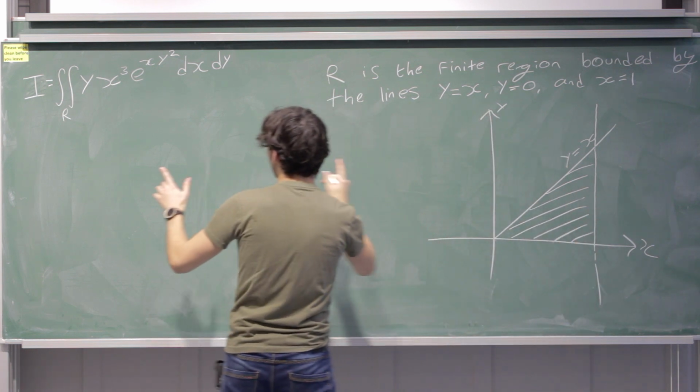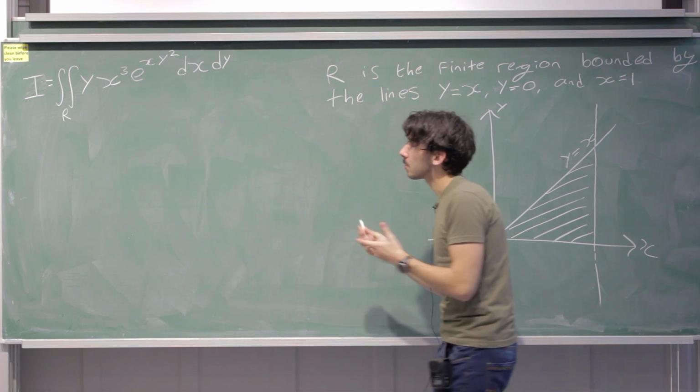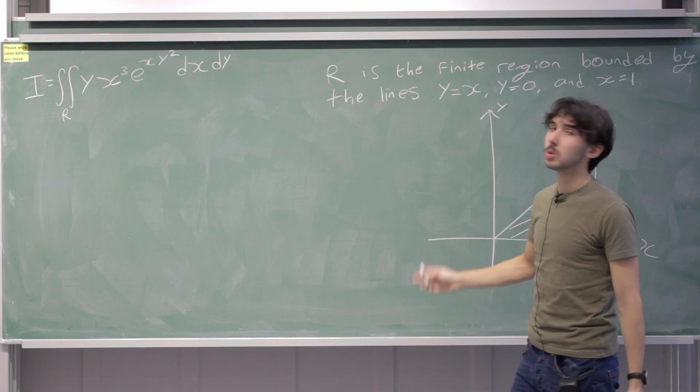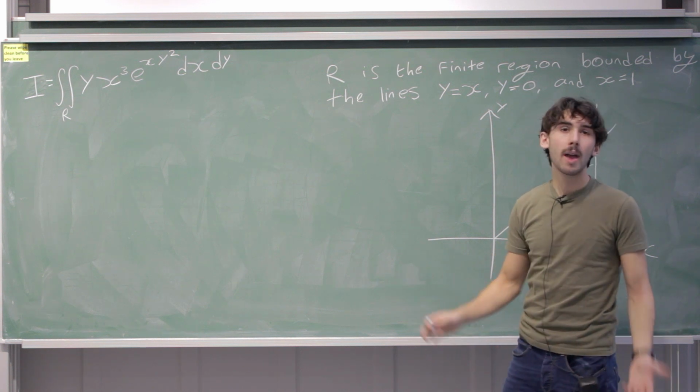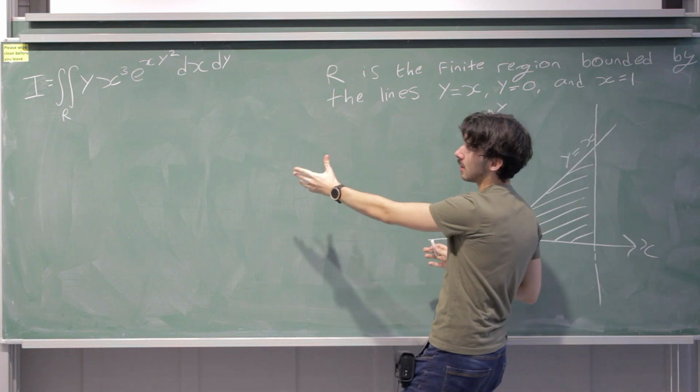Notice something as well, guys. If this was integrated with respect to y, it would be much, much easier, because it's either a u substitution or a reverse chain rule, however you know how to do it. If you imagine x is a constant, it's easier.